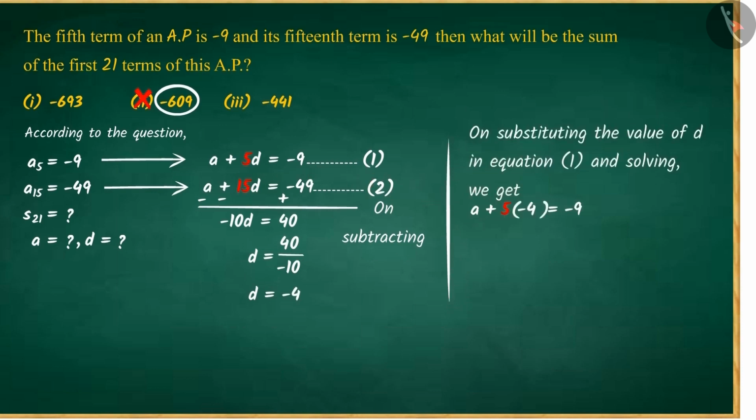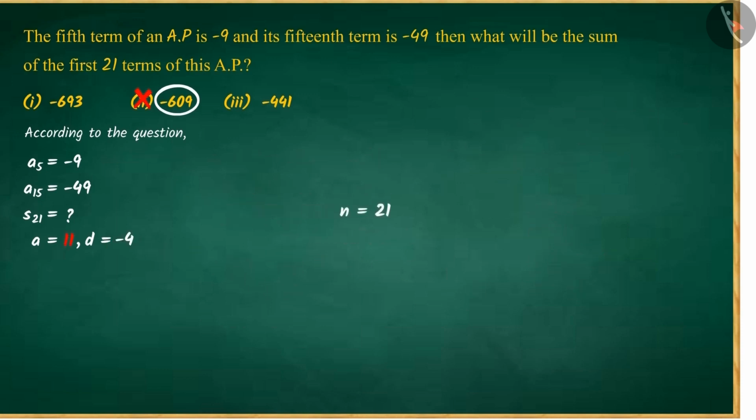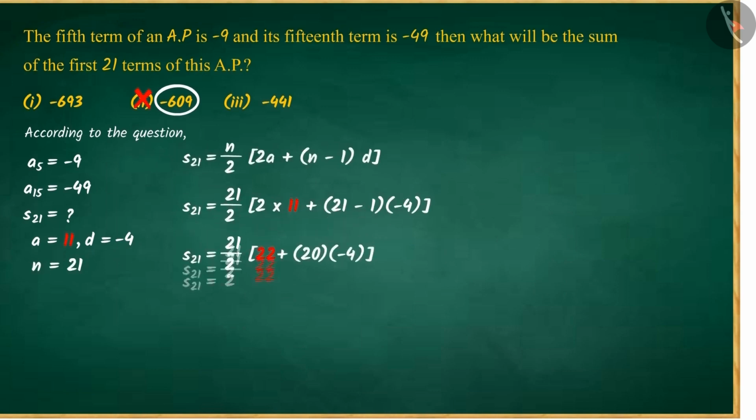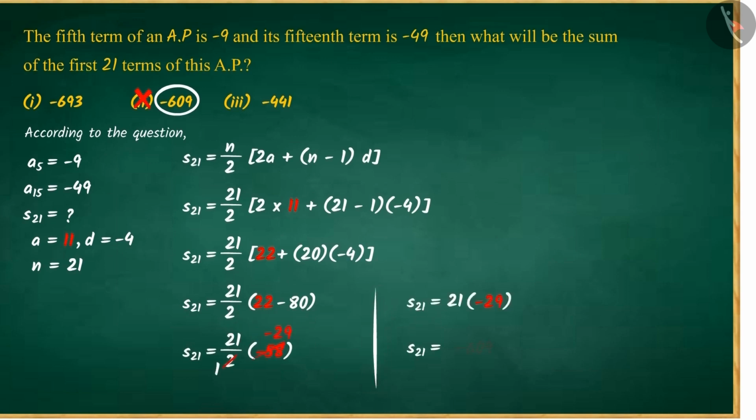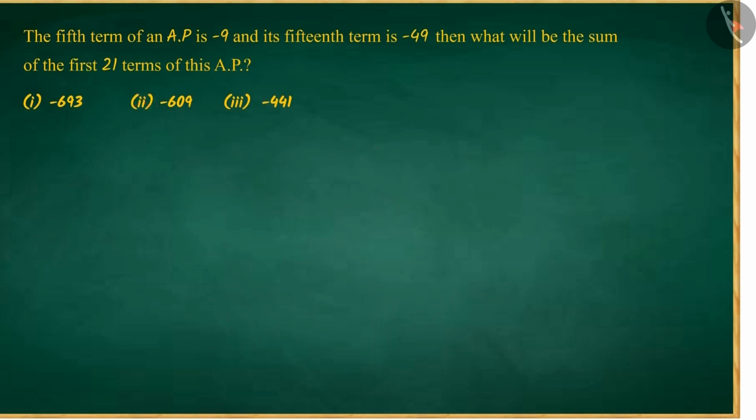Solving it further, you got the wrong value for the first term a. Proceeding in the same order, you solved the equation by substituting the incorrect value in the formula for the sum of the nth term, because of which your answer was incorrect.